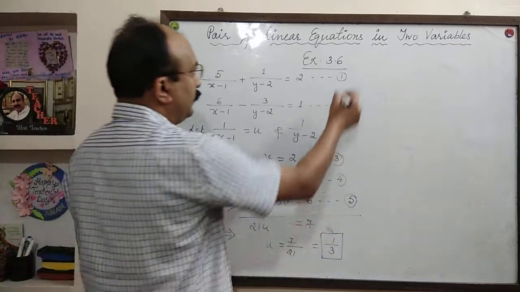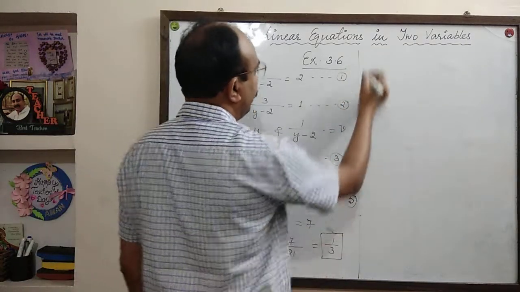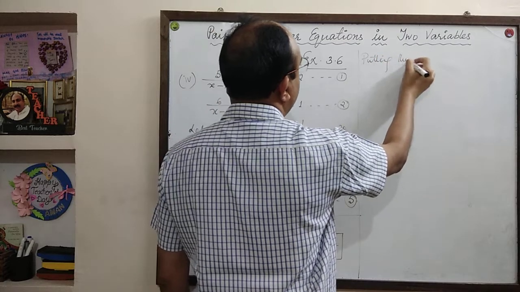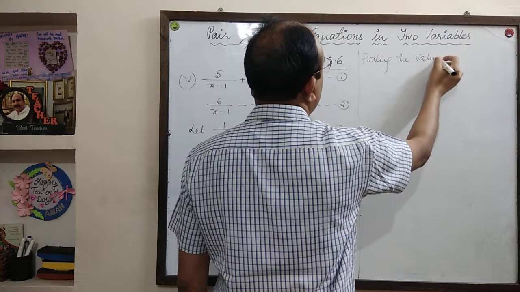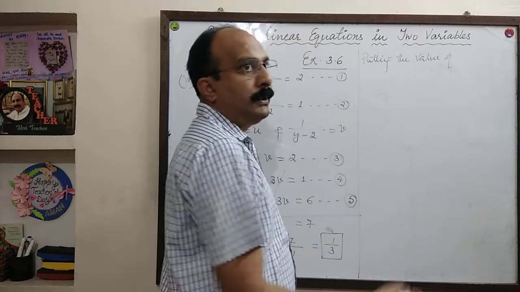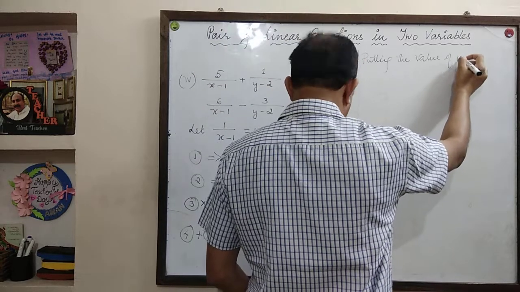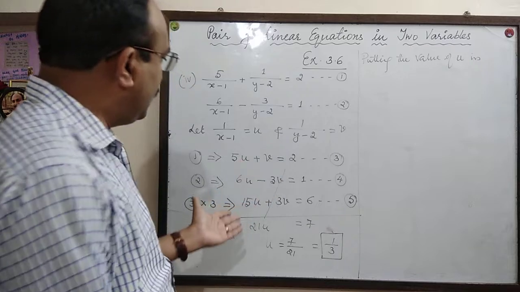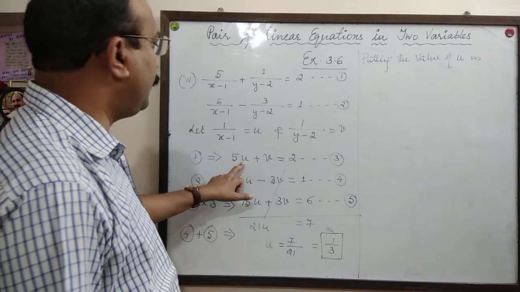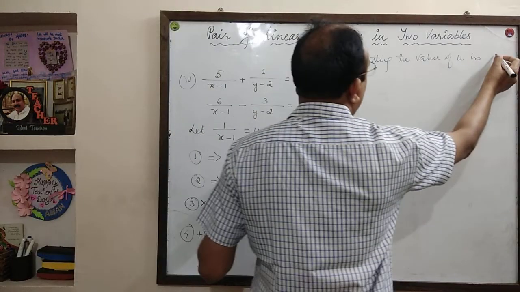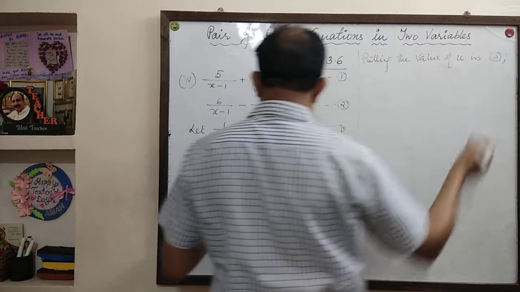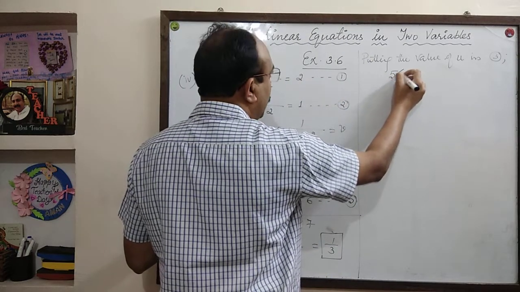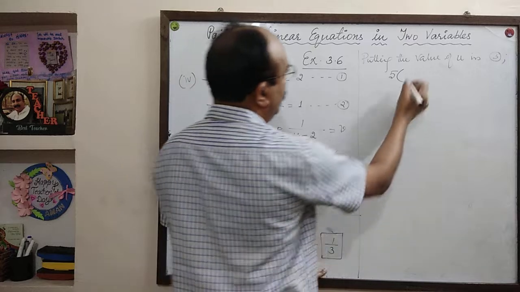Now putting the value of u in any one equation. Which equation is easy? We can go for 3. Putting the value of u in equation number 3. 5u, but the value of u is 1 upon 3.